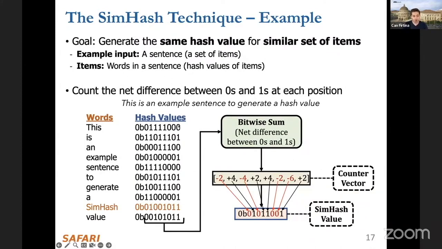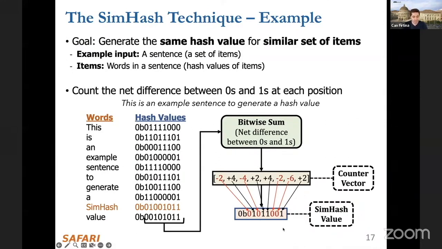Meaning, if there were more ones at a particular position, and I just change a single hash value, then it is still likely that I'm going to keep having more ones than zeros, because changing a single value is unlikely to change the majority voting result. And if the majority voting of these bits is not changing, then the SimHash value that we generate by looking at these counter vectors won't change.